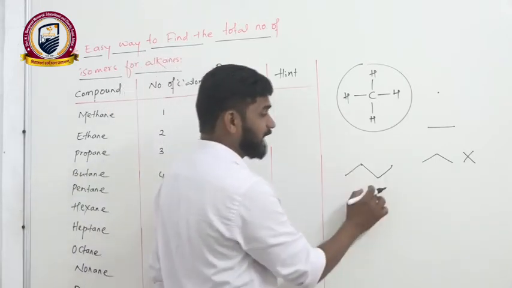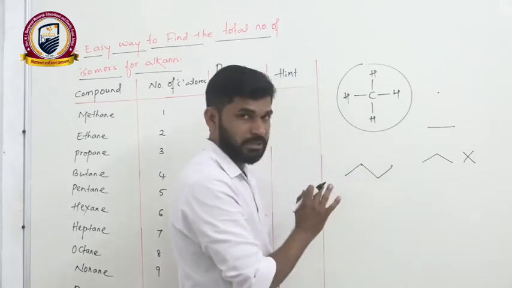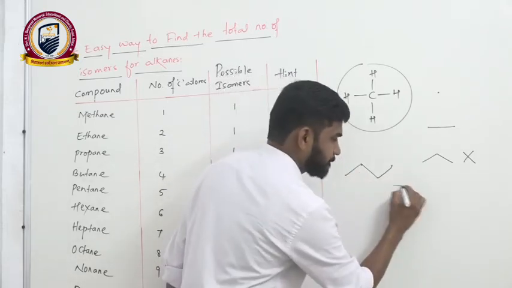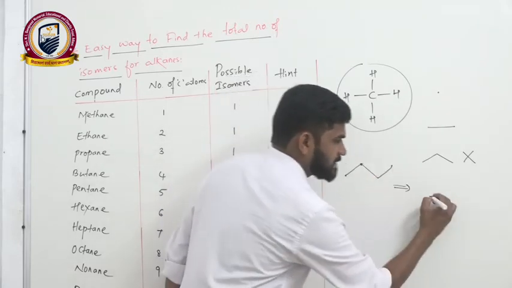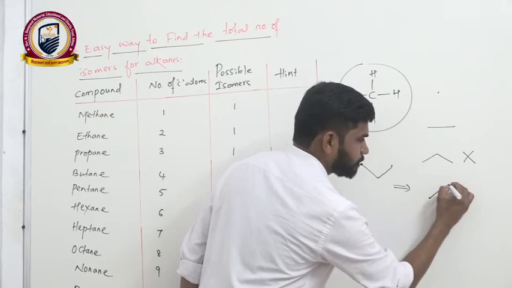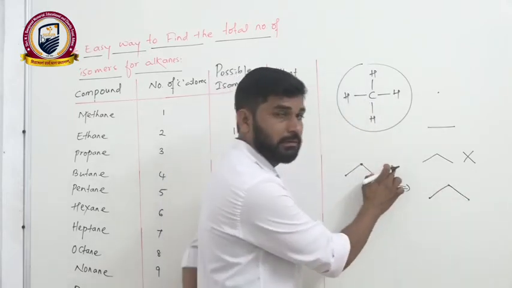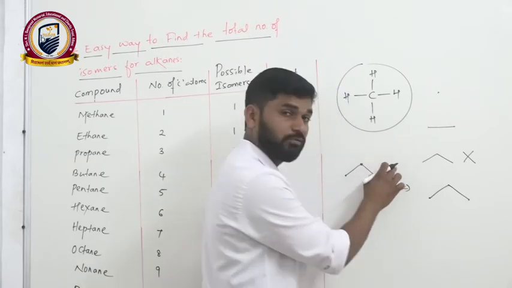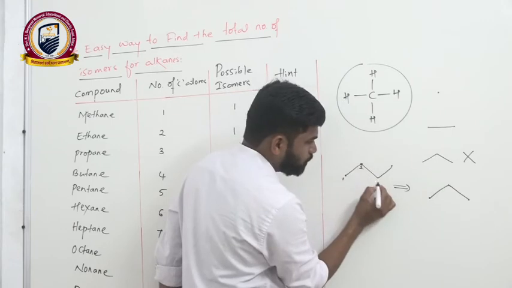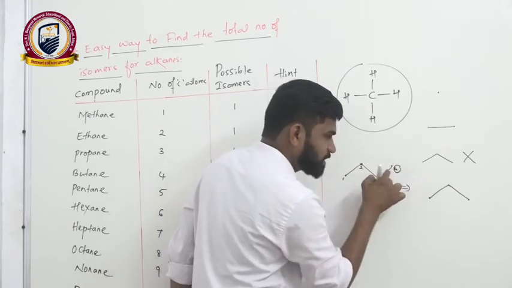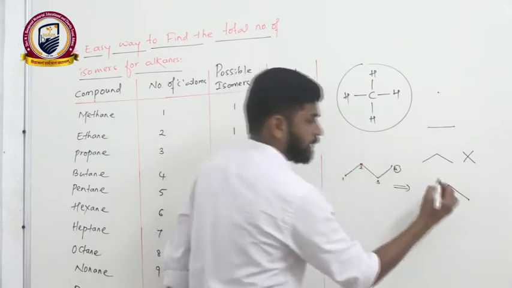Since it has 4 carbon atoms, you can rearrange all the 4 carbon atoms in a different way. I'll keep these 3 carbon atoms as they are. I'll move the position of the 4th carbon atom to the 2nd position. This 4th carbon atom, I will write as a side chain on the 2nd carbon atom.